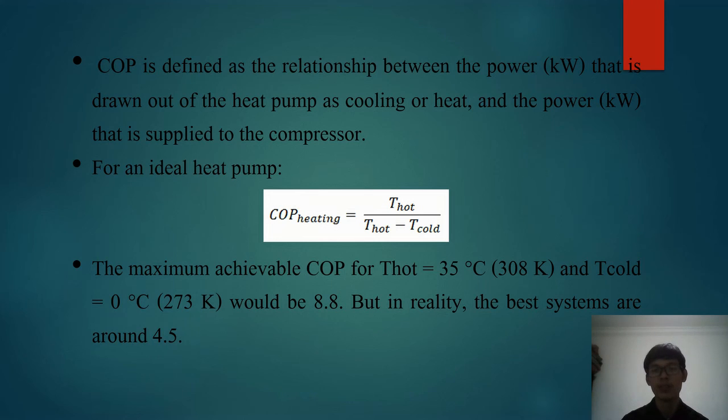According to the above formula, the maximum achievable COP for T hot equal to 35 degrees Celsius, which stands for 308 Kelvin, and T cold equal to 0 degrees Celsius, which stands for 273 Kelvin, will be 8.8, but in reality, the best systems are around 4.5.